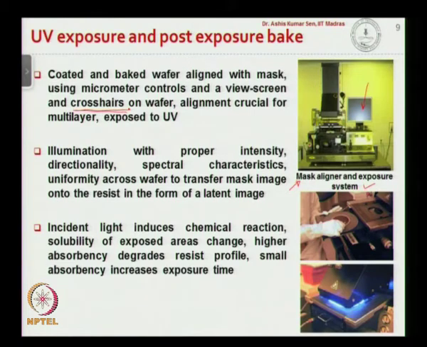So, once we bring in the mask and the resist coated wafer in physical contact, then we expose the UV. Now, for the UV exposure, we have to be very careful in terms of the intensity of the light and the wavelength of the light, as well as its uniformity across the wafer. Okay. So, all these parameters are going to affect how the structure is going to look like after development.